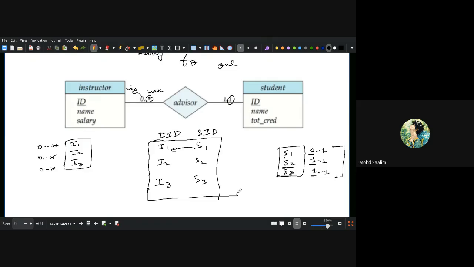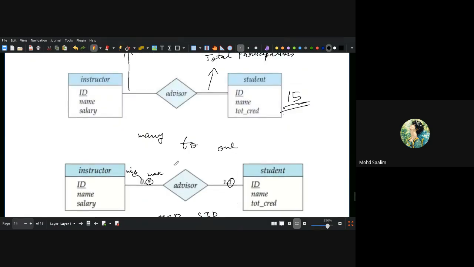So this was just for explanation. You don't have to do this hassle every single time. You can directly see this, and in short form, if you see 0 here, what will you understand? This is partial participation. When you see 1 here, this is total participation. When you see star here, what will you understand? There is a many here.